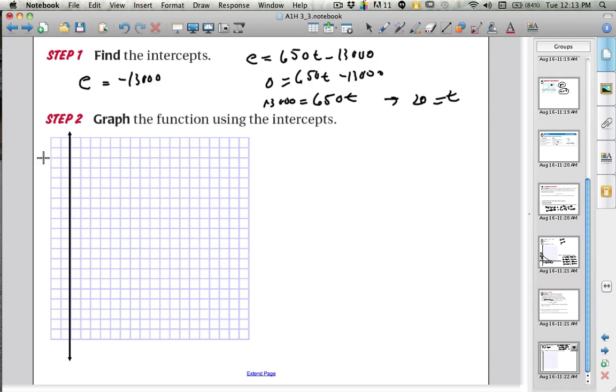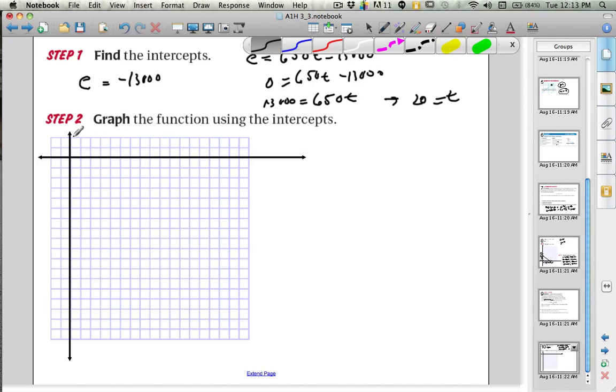Basically, I'm working to get to the surface, so I mostly am going to be working below the x-axis. My y-intercept is the elevation, and my y-axis is the elevation, and my x-axis is the time. And my intercept on the y-axis is negative 13,000. So if we do 1, 2, 3, 4, 5, 6, 7, 8.